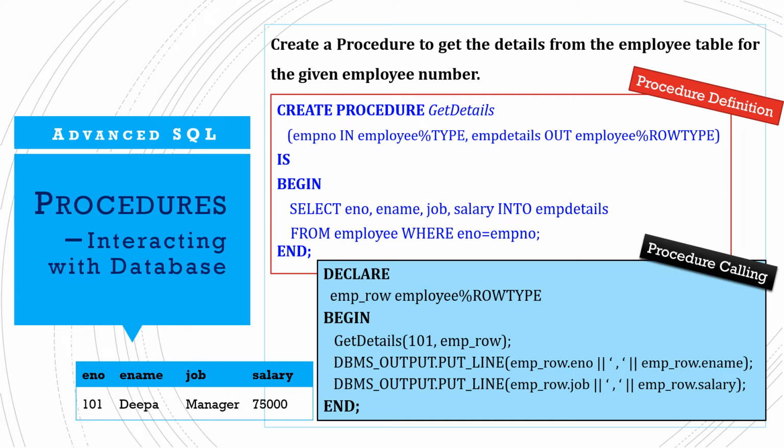And this percentage row type provides the record type that represents the entire row of a table. Okay, so the type of that particular row, that type of the particular record, that is the percentage row type. Percentage type means it is the data type of a particular variable in the table. Okay, so we are making use of these two data types in this example.